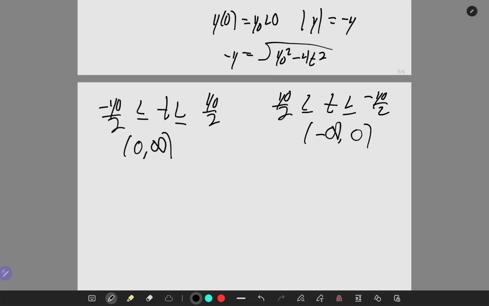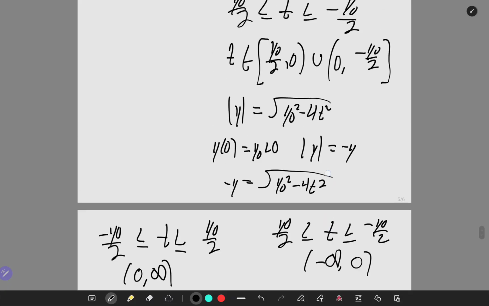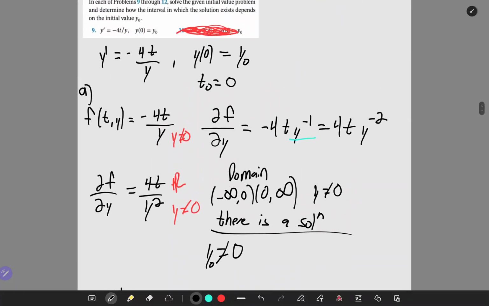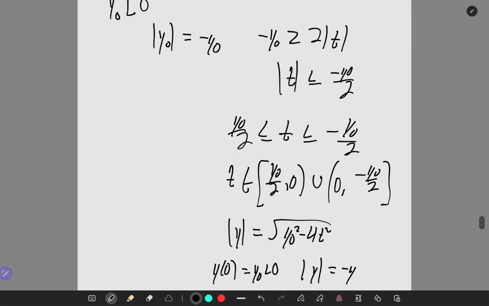Like with the uniqueness theorem for first order nonlinear differential equations, right? We show that there's a unique solution to the given initial value problem. That's what we did before in the first part. We showed there's a unique solution, and then we found it using the method of separating variables.